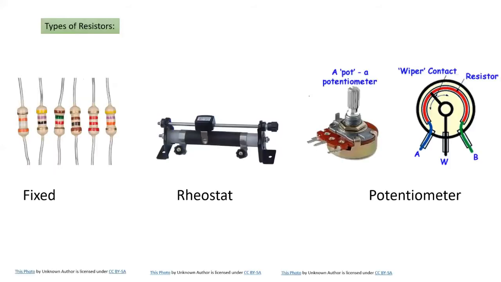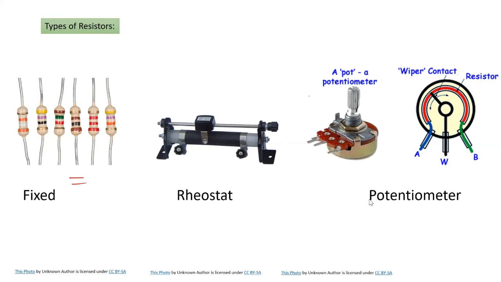Then all of you have already seen these different resistors. There are fixed resistors and variable resistors. In fixed resistors, we have this type where the different color codes indicate the value of the resistor. Then you have also come across the rheostat and potentiometer.